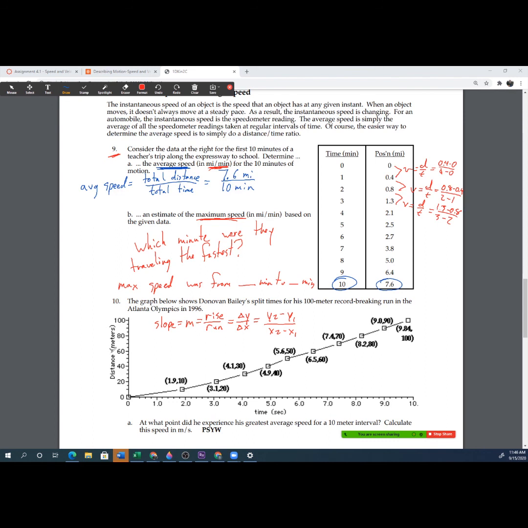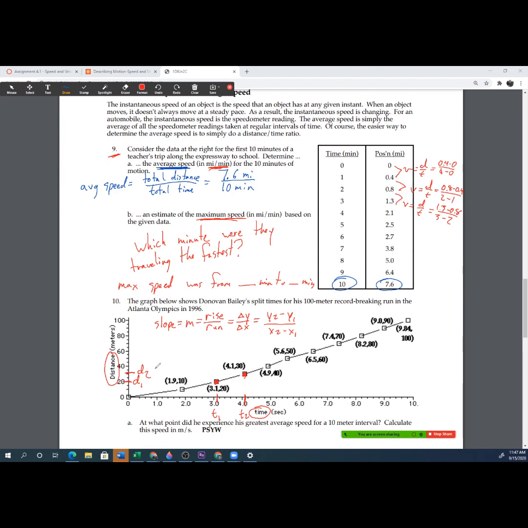I want you to look at what we have on the y-axis and on the x-axis. If I were to take any 2 points and talk about them in terms of their x value and their y value, do you agree with me that it would be proper to change y's to d's and x's to t's?